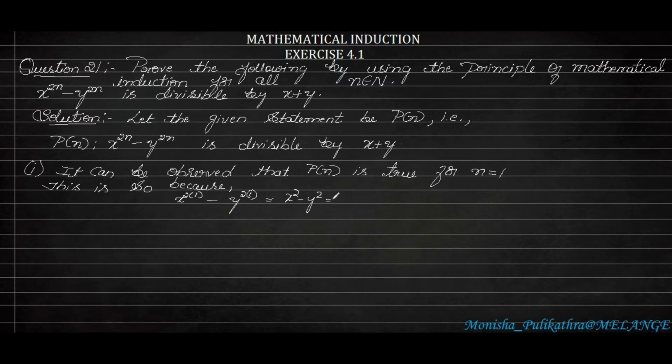By algebraic identities, we know that x square minus y square, or a square minus b square, is equal to a plus b into a minus b. So this will become x plus y into x minus y.